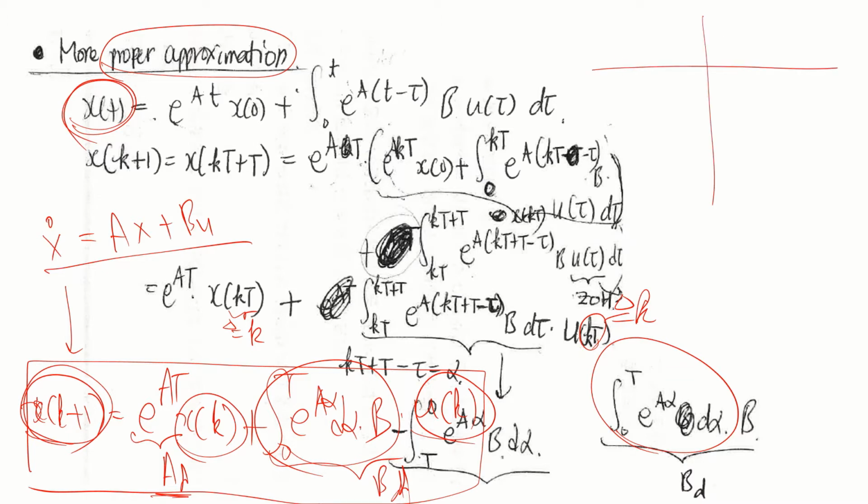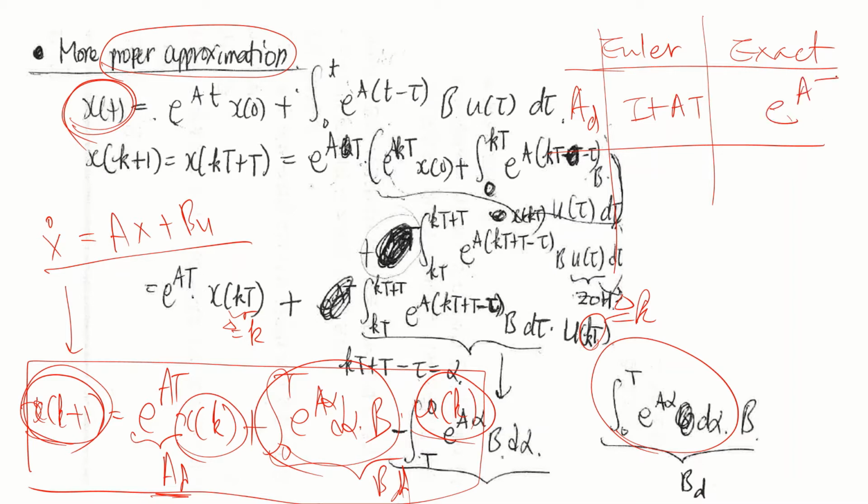You see, like the Euler approximation, and this is more or less like an exact approximation. So the A matrix becomes what? The A matrix was I plus AT, whereas this one becomes the matrix exponential, e to the AT. It still has the sample time here, but it was I plus AT, and this one is e to the AT.